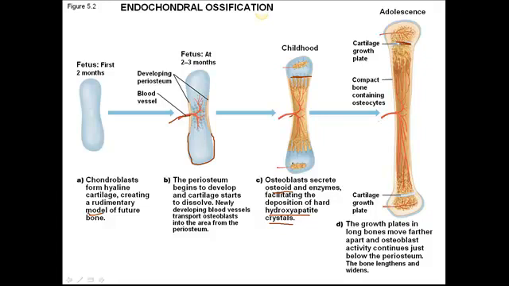So on a long bone like this, we have compact bone, which is on the outside. You can see where this arrow is. And then you have on the inside, see all this? It looks like there's a lot of air pockets. This is called spongy bone or trabecular bone.